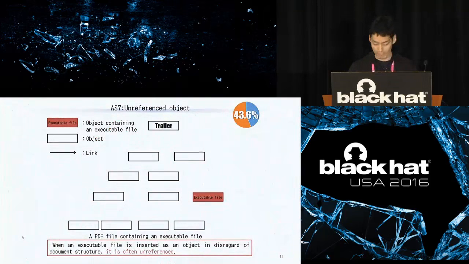Here, I explain in the example of what I call PDF deviation. A PDF file consists of various kinds of objects that form document structure, and we can grasp the overview by tracing the link of the trailer object first.